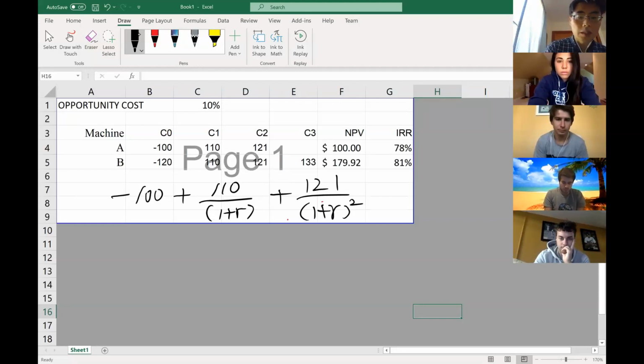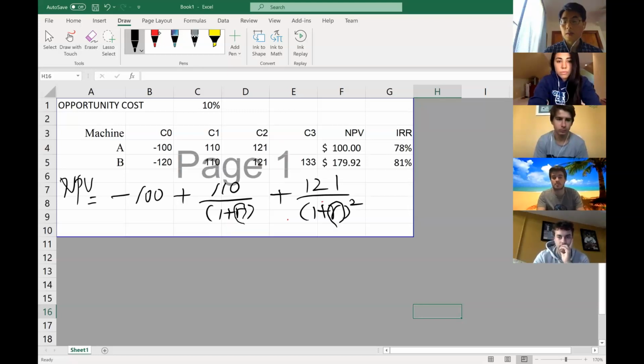And this was NPV, right? So internal rate of return is the value of this r that makes entire net present value equal to 0. So what it means is that when the value of this r is 78%, right, 0.78, the value of this NPV is equal to 0. Does it make sense? Right?